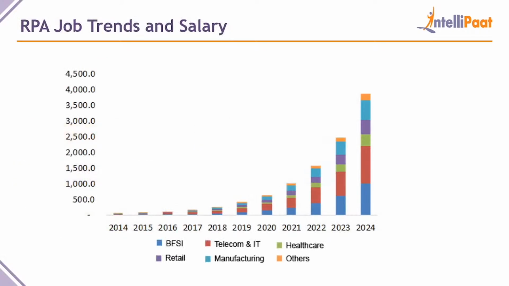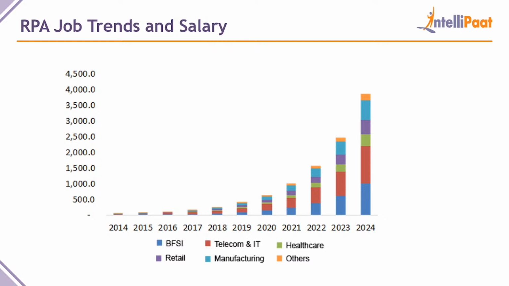I have a graph right here which will back up all of my claims. On the left hand side, you can see that a $4,500 million industry will be there. This is how the industry will be expanding. They believe the market for RPA is increasing, and by 2024 it will hit around 4,500 million, which is a huge amount for an industry.